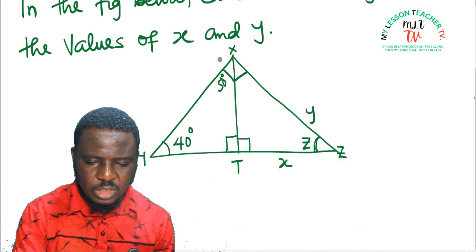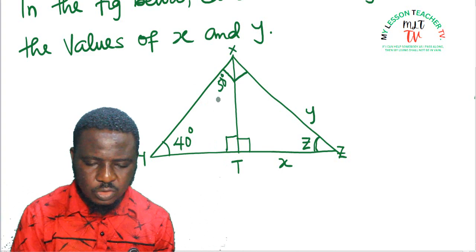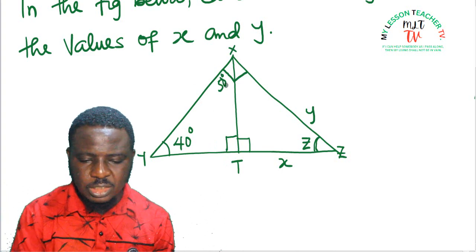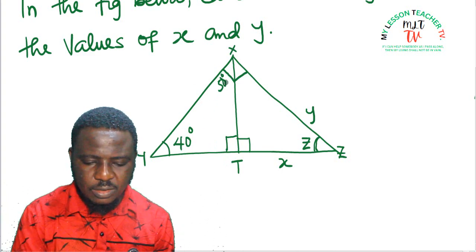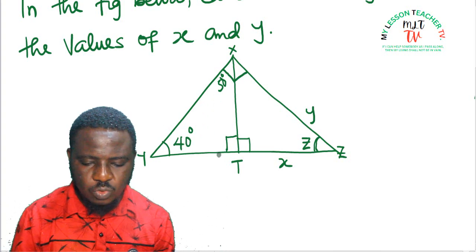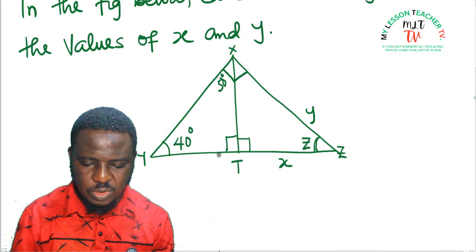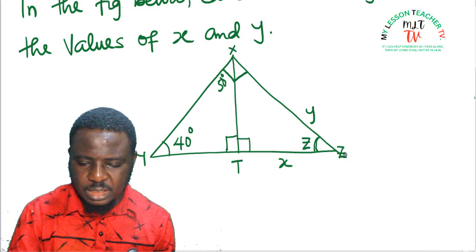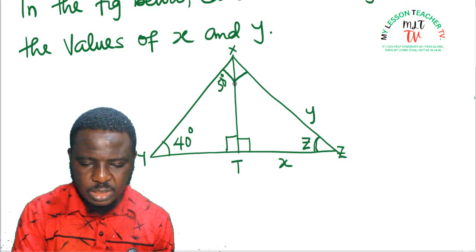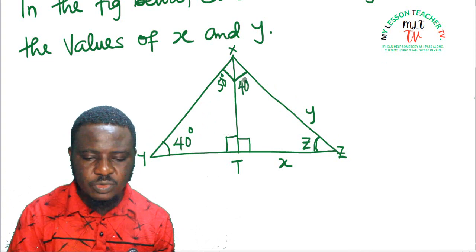The sum of angles in triangle XYT is going to give us 180 degrees. And it is only when angle X is 50 degrees that this will be 180 degrees. If angle YXZ is 90 degrees and this alone is 50 degrees, it therefore means that this other angle is 40 degrees.